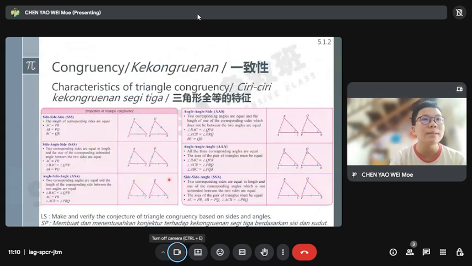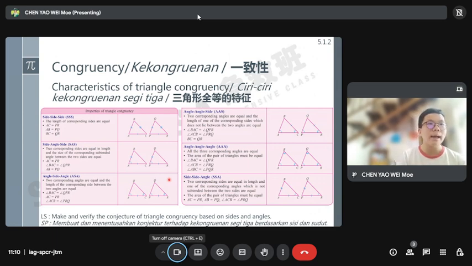And we have 6 characteristics: side-angle-angle, angle-side-angle, side-angle-side, and so on. We have 6. Side means all three corresponding sides are equal: the left-hand side equals the left-hand side, and all their sides are the same as the one beside, even though their position is different.